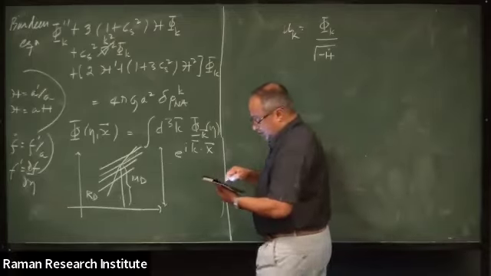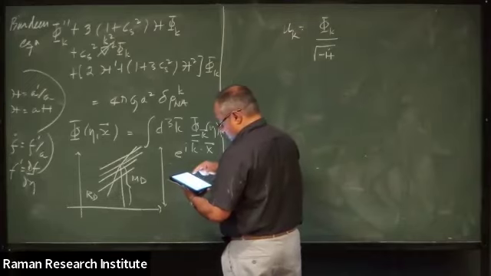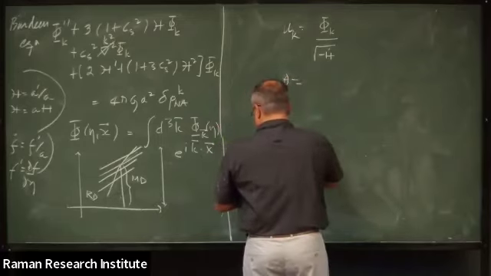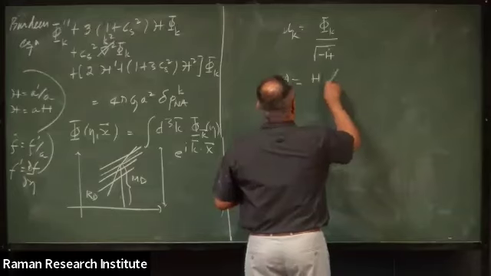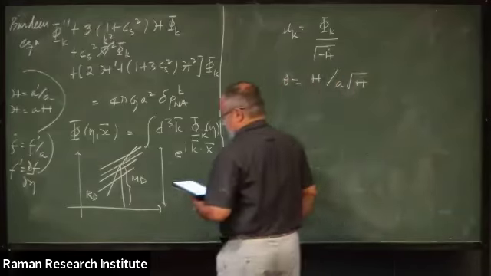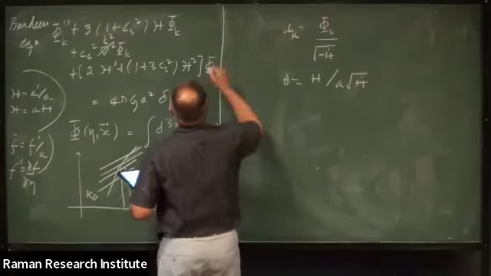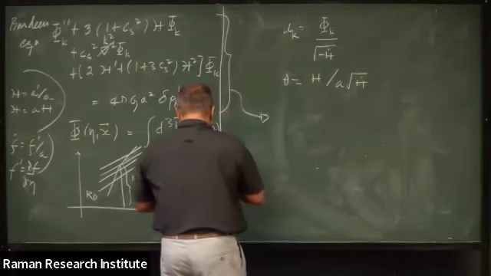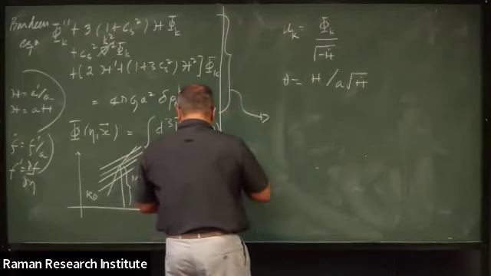And I'm going to introduce another quantity, which is theta, which is H by A root H dot. In terms of these quantities, this differential equation can be reduced to this form. So it's lengthy algebra. I'm sure you will work it out. Let me write down the final equation.